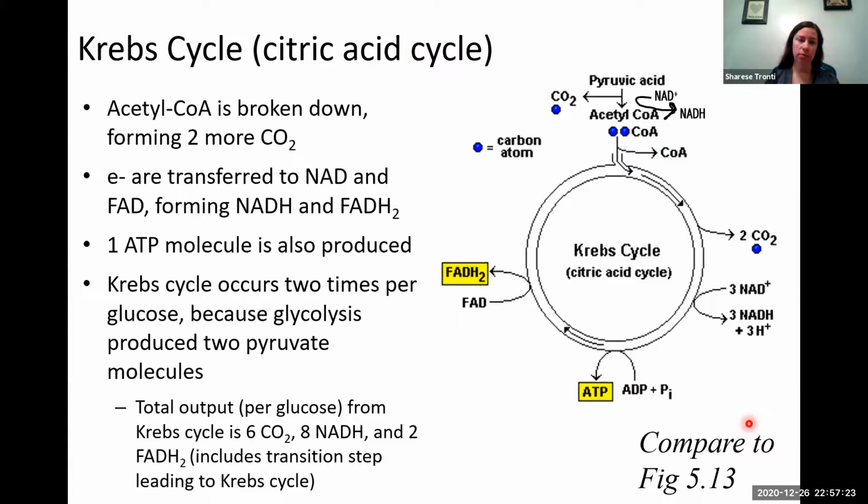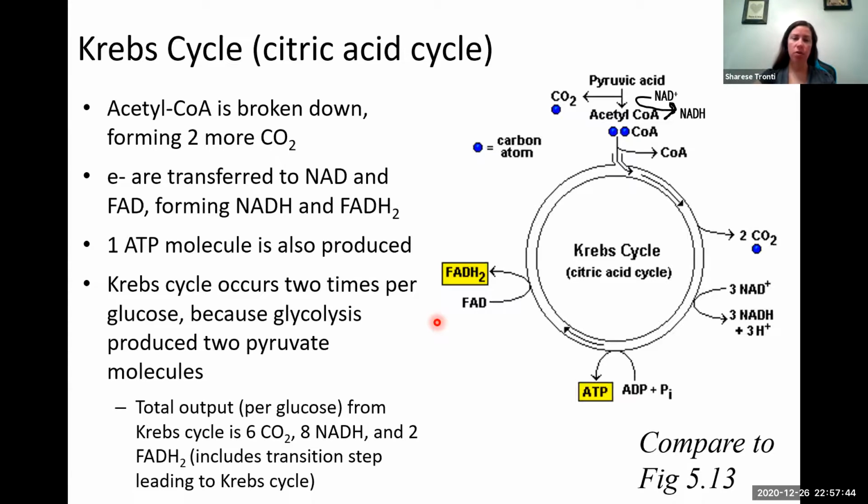Then in the Krebs cycle, we're going to break everything down all the way to carbon dioxide. We're going to get 3 NADHs out of it, an ATP, and an FADH. And this is for each pyruvic acid. Remember, there were 2 pyruvic acids made for each glucose.